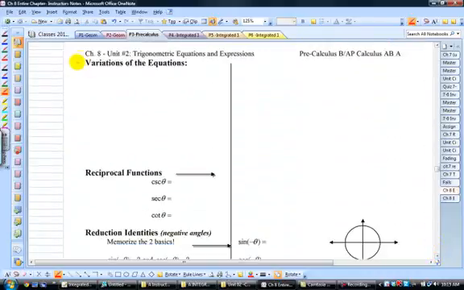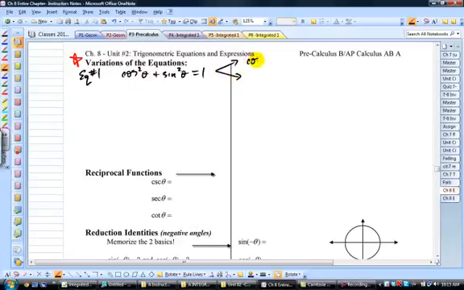Here are the variations. And you have to know these by heart too. Let's take equation number 1. Equation number 1 was our first Pythagorean identity: cosine squared theta plus sine squared theta equals 1. Now we have 2 variations of this. I can isolate cosine squared first.